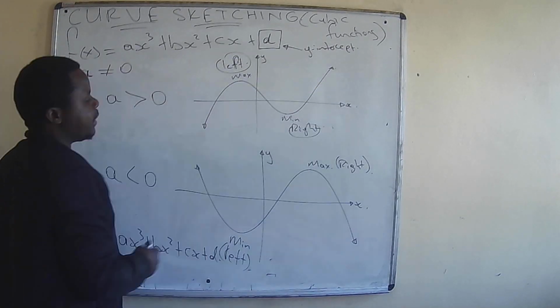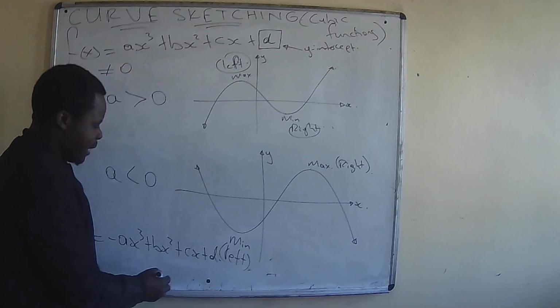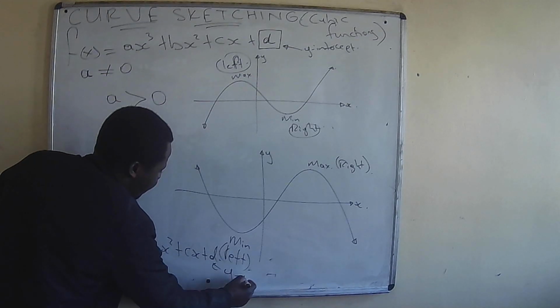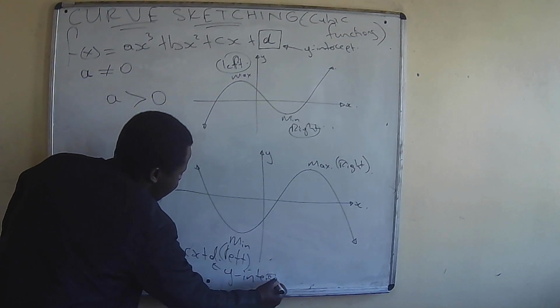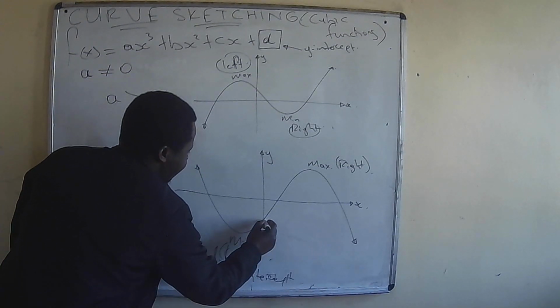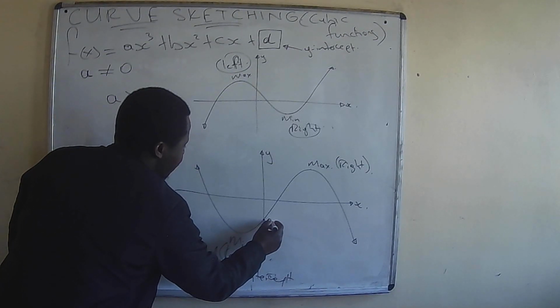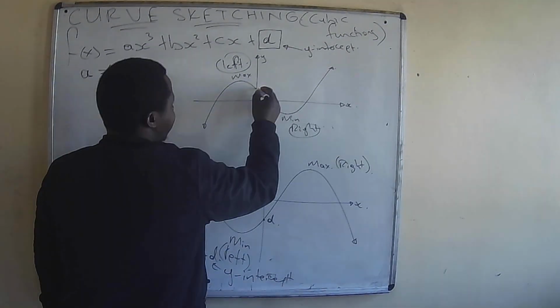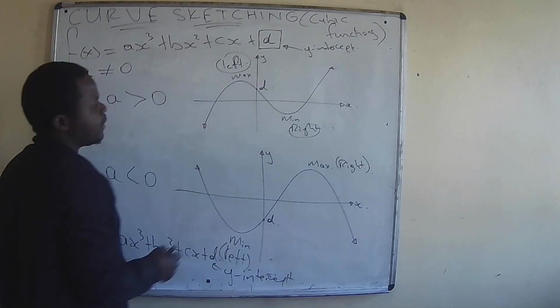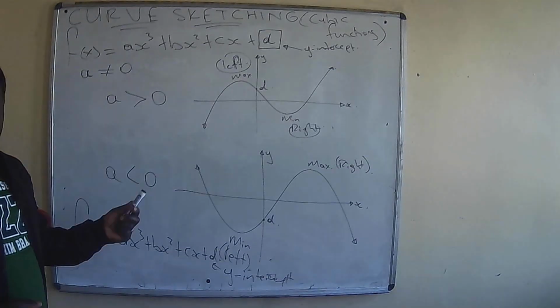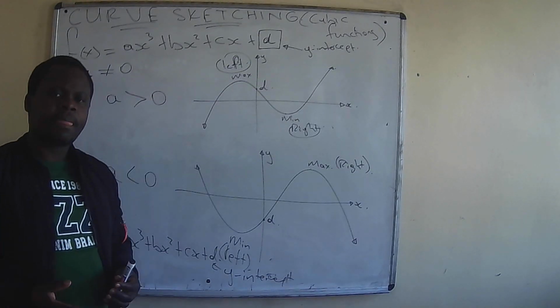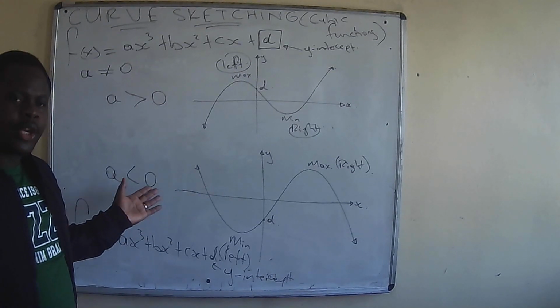So d represents the y-intercept, same here. So our d is our y-intercept here. So that's how we basically sketch cubic functions in this format.